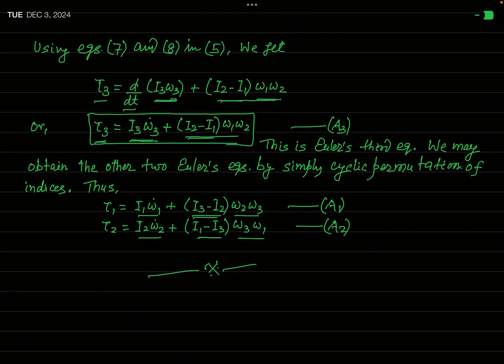Okay, and we are justified in doing so due to the fact that identification of one of the principal axes as the z-axis is entirely arbitrary. You can take the x-axis as the z-axis, you can take the y-axis as the z-axis. It is arbitrary.